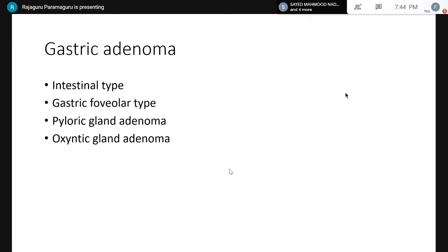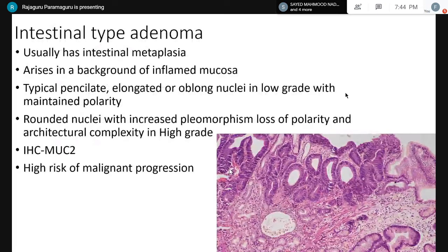Starting with the intestinal type of adenoma, it is usually associated with hyperplastic polyp or chronic active gastritis showing intestinal metaplasia, so the background mucosa is going to be inflamed.